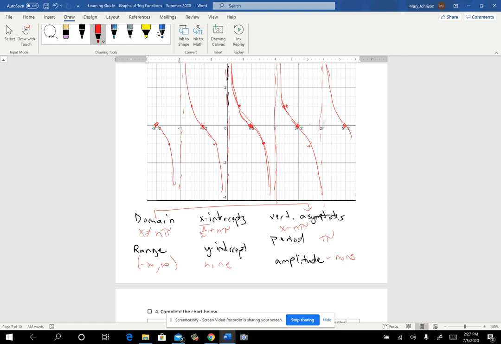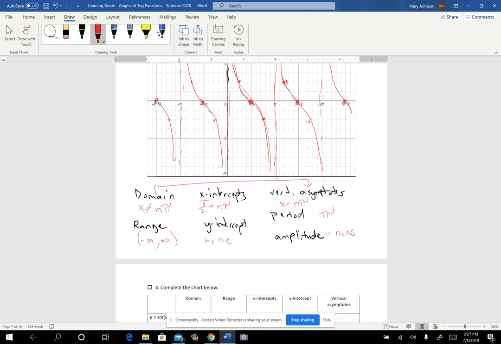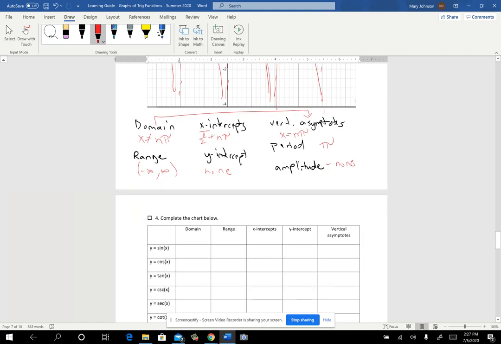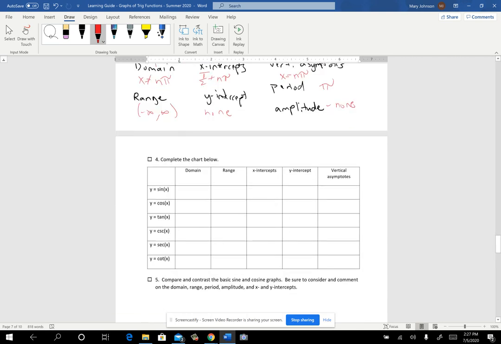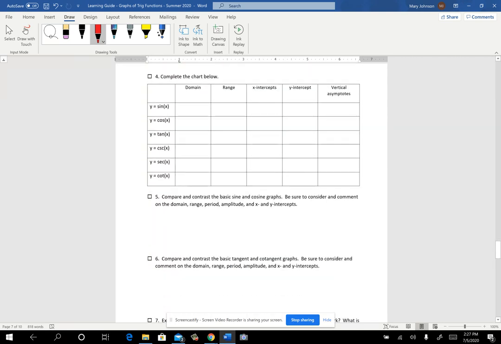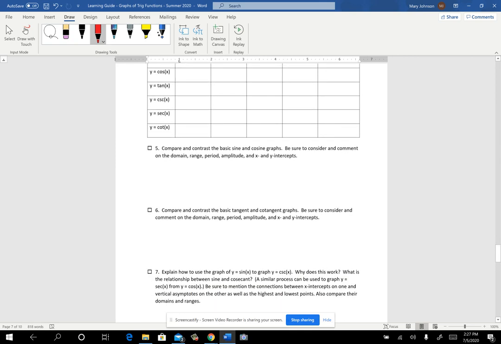All right, so go ahead and be looking at those graphs and thinking through them and getting that information into this chart about the domain, range, x-intercepts, y-intercept, and vertical asymptotes. Also, I want you to really look at the graphs of sine and cosine.